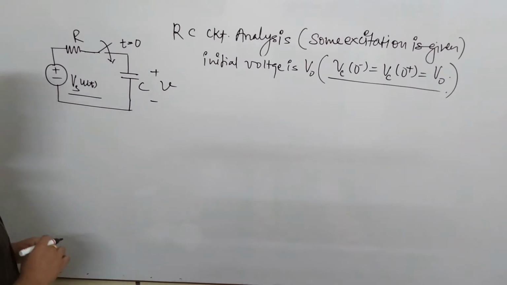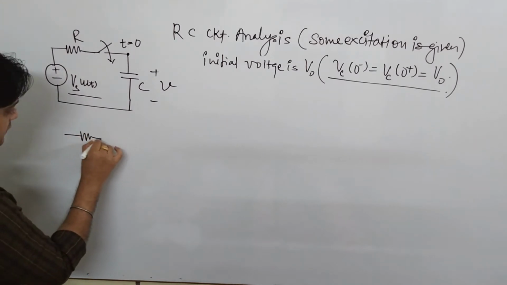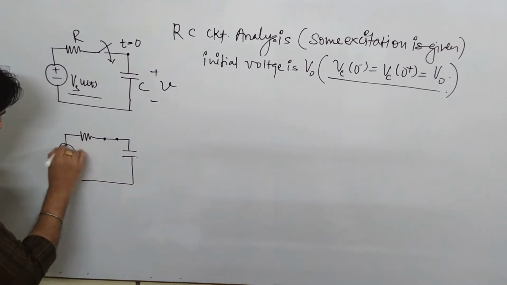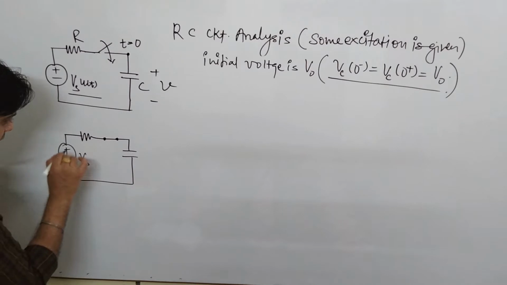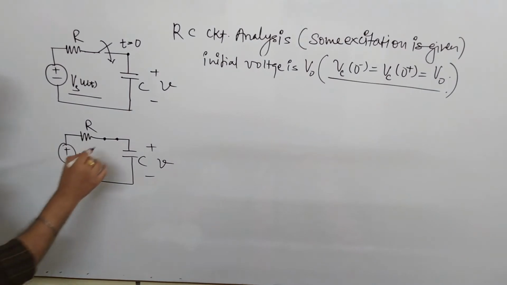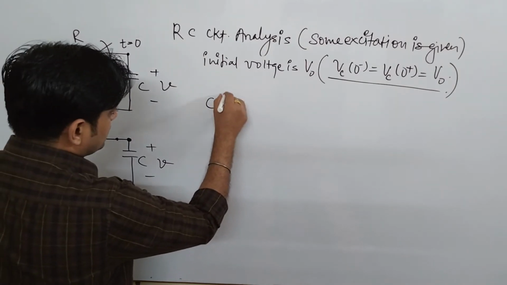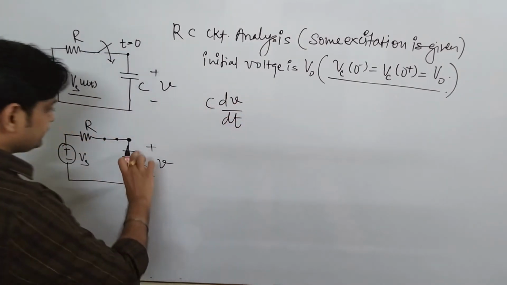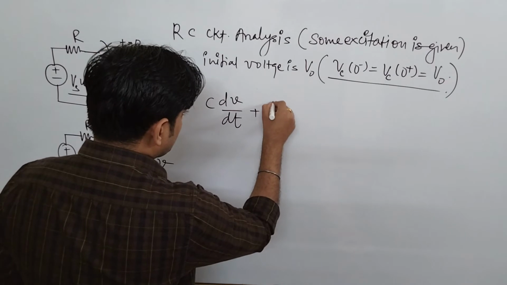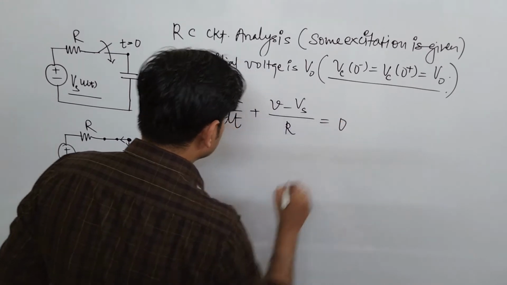So at t equal to 0, this switch is closed, and this is your network: this is R, this is C, and the voltage appearing here is V. If I apply KCL at this node, this comes to be C dV upon dt, the current here, plus (V minus Vs) upon R, equal to 0.